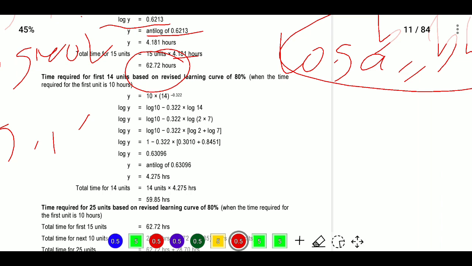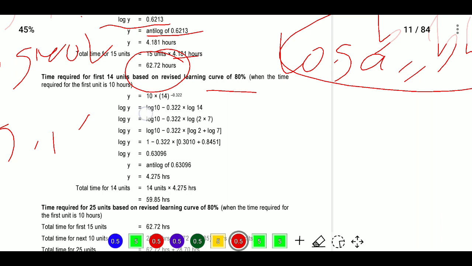So 10 hours for the first unit, into 14 units, based on the revised learning curve, that is 80%. Budgeted was 90%, but we will not go with budgets, we will go for actuality.